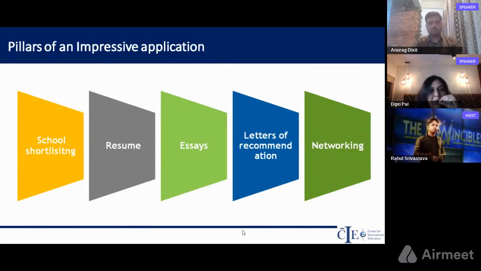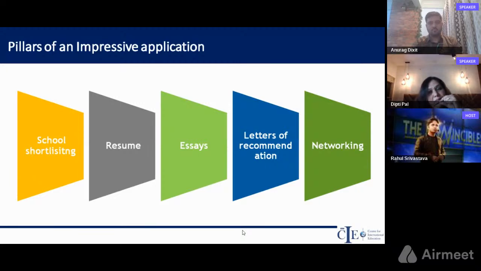You identify your recommenders, approach them, and get these letters of recommendation done. And in the end you also do thorough research on the schools and network with the admission committee or current and past students, to know more about the school, the curriculum, and the career stats.